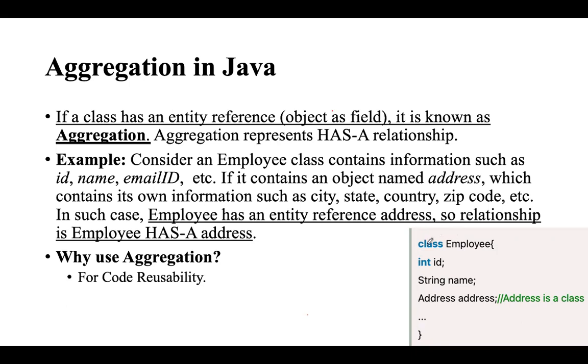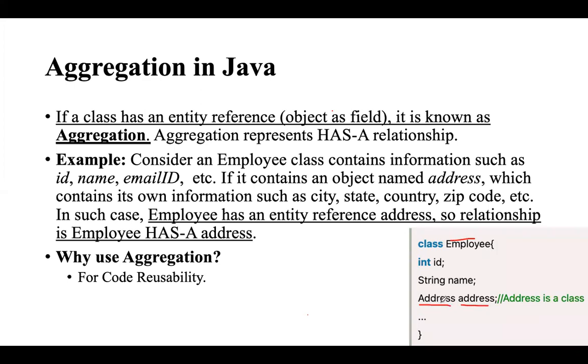For example, have a look over this diagram. We have the class, and then the name of the class, Employee, and here we have the fields, ID and name, and then we have another field like address, which has the data type Address. This is not a primitive data type.